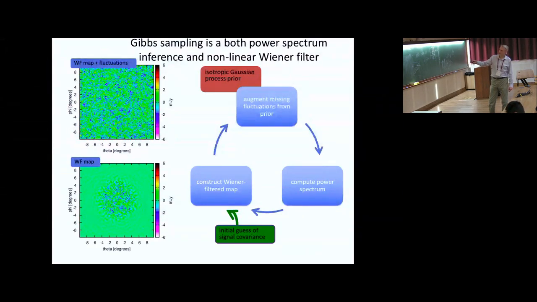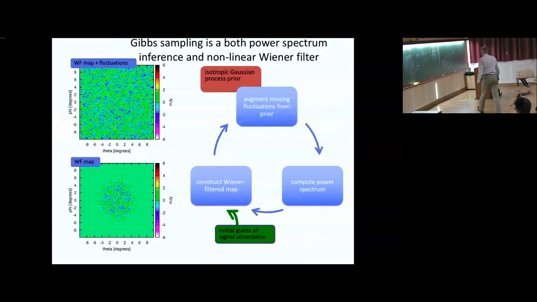You then Wiener filter the sky. You add fluctuations, basically sample from the posterior for the sky. This is called augmentation. So this is just sampling from the posterior for the signal given the data and the current power spectrum guess. Then you compute the power spectrum from that, and then you feed that back in.